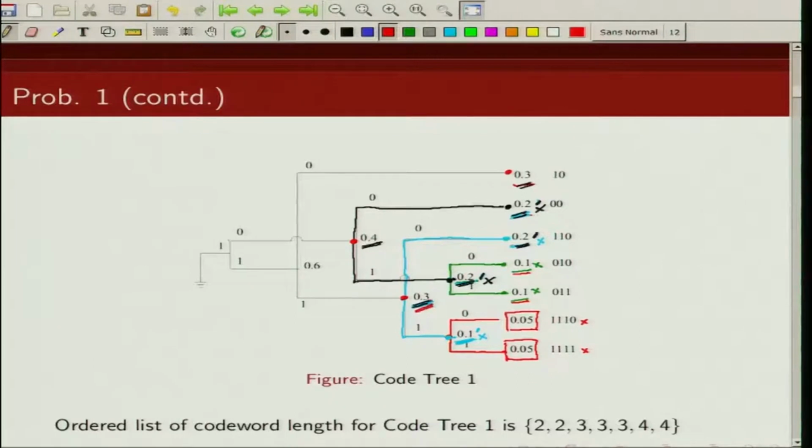This node has probability 0.3, this node 0.3, and this node 0.4. I'm going to combine these 2 nodes, and this gives probability 0.6. Finally I deactivate these 2 nodes, so I'm left with only 2 active nodes, one is this one, another is this one. So I combine both of them.